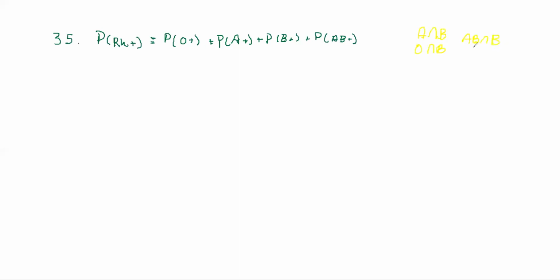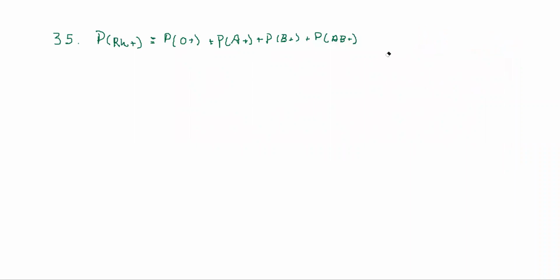AB doesn't intersect with B either, or A, because AB is distinct. You're either A or B or AB. So in terms of this chapter, all of these events are mutually exclusive.